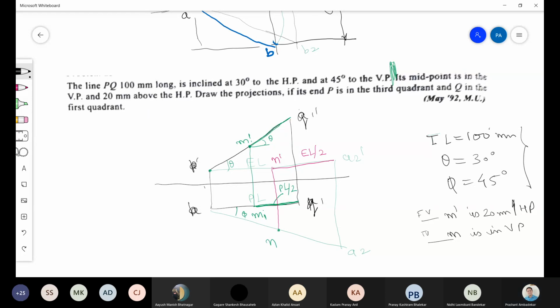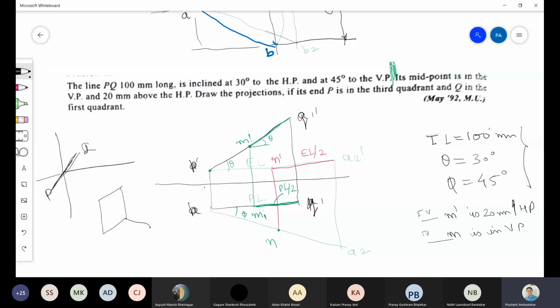See, what do first quadrant and third quadrant mean here? P is here, Q is here, and the line is something like this. If I draw it in a three-dimensional view, it will appear something like this.